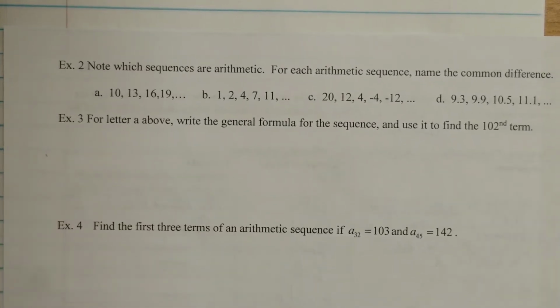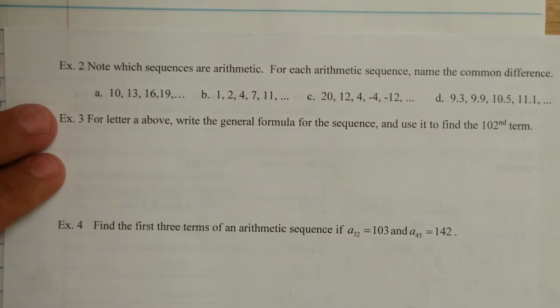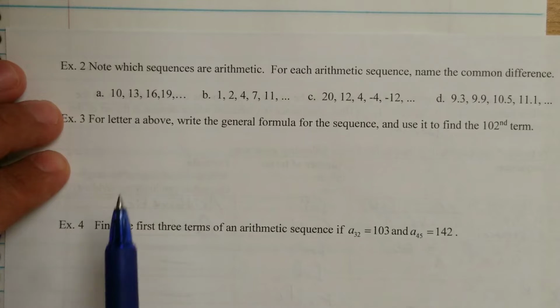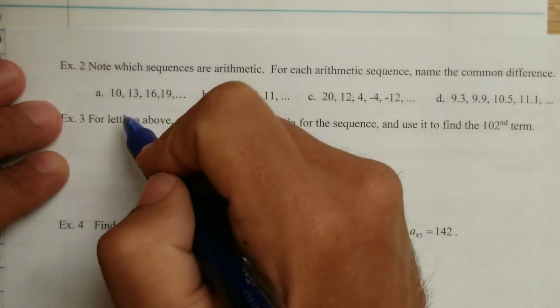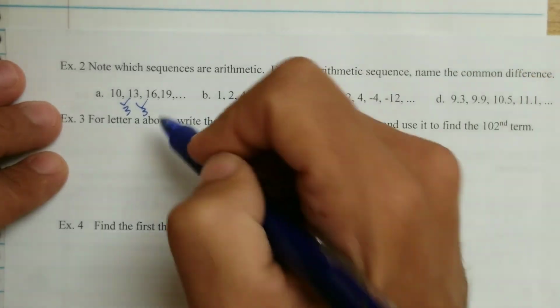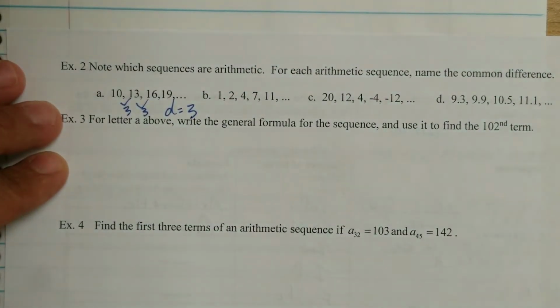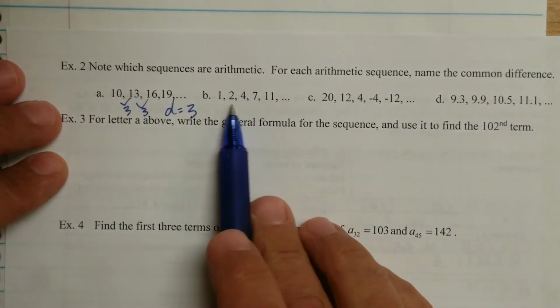Let's look at example 2. Note which sequences are arithmetic. For each arithmetic sequence, name the common difference. Is this one arithmetic? Yes, it's adding 3 every time, so we would say d equals 3. Is B arithmetic?